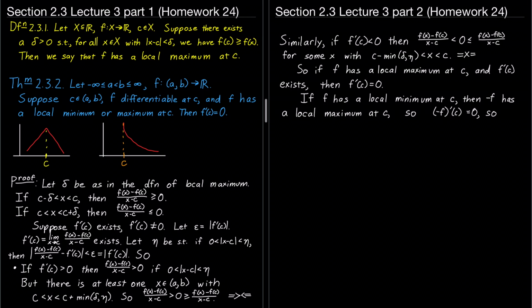So then just multiplying by minus 1, f prime of c is minus 0, better known as 0. And so that completes the proof in both the maximum and minimum case. And then there's the classic example.